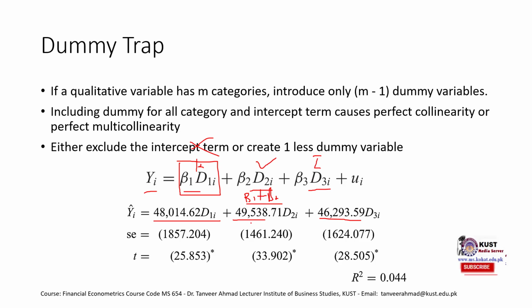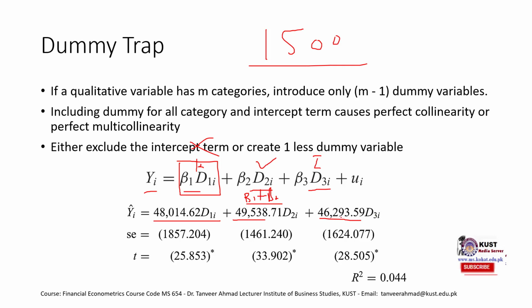The interpretation of this for 1500 in previous cases was that as compared to the base category, person working in Lahore would earn 1500 rupees higher than the one working in Karachi. But in this case, it isn't the differential coefficient. So the interpretation would be that a person working in Lahore would have an expected salary of 49,000.